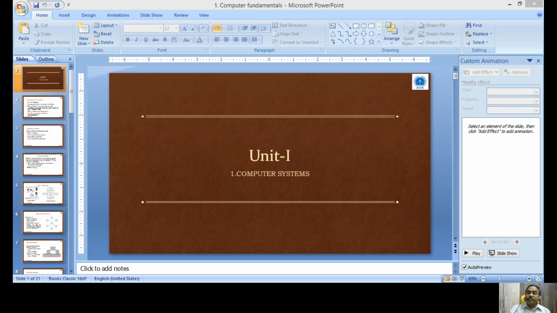Complex calculations in a fast, accurate, and precise manner. Now what happens? Suppose I am given a task to perform 100 multiplications. 100 is too small a number as far as engineering problems are concerned. Take the case of, for example, the construction of multi-story structures.